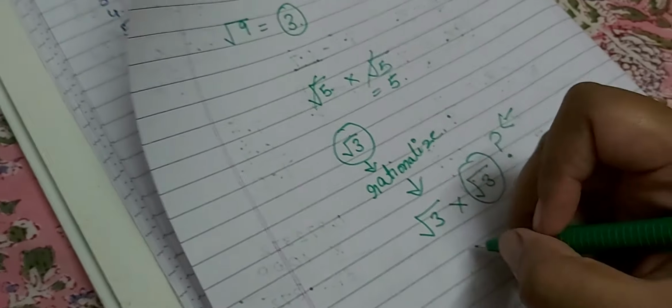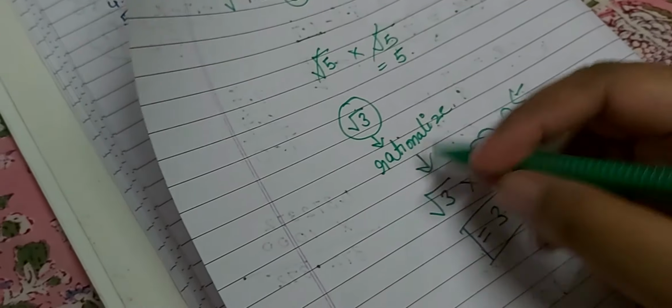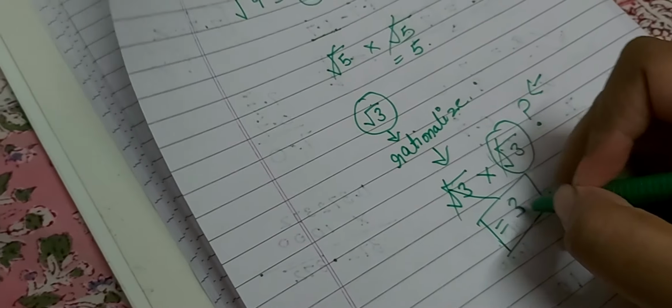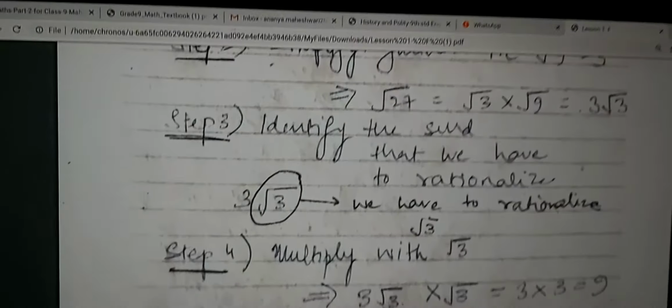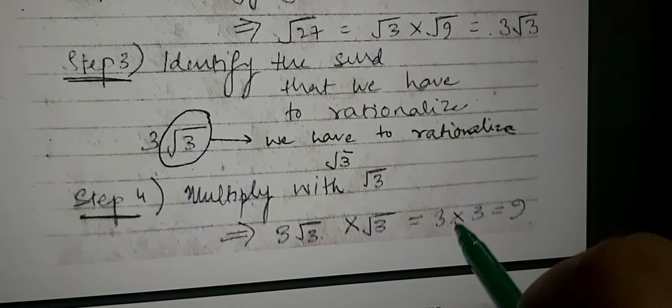Now root 3 into root 3 क्या बचा? 3. We know this. Cut. 3, 3. One more 3 cut. I have 1 3 left. So root 3 into root 3 is 3. And मेरे पास पहले से, oh no, sorry, I wasn't showing you. Okay, root 3 into root 3 is 3.